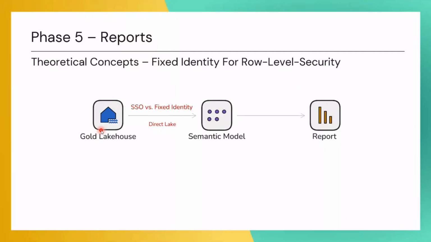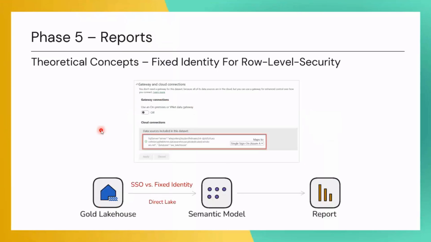However, RLS rules are defined in the semantic model, and they need to have consistent access to the underlying data source to work properly. We maybe don't want to give our users access to the entire gold lakehouse, so we need to make sure that there's one fixed identity. And you can do this in the semantic model settings, go to single sign-on, and switch this here to create a new connection.